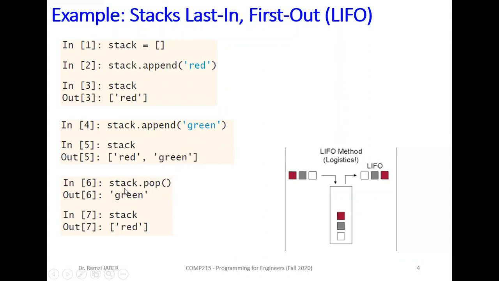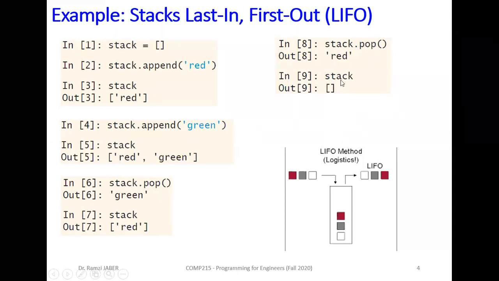Okay. So stack.pop in this stack, red green, will remove green. So the new stack will be red. Also, we call it another time. Stack.pop will remove red. So the stack becomes empty again. Here, push and pop.